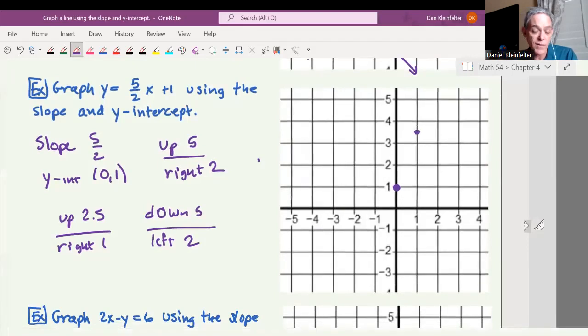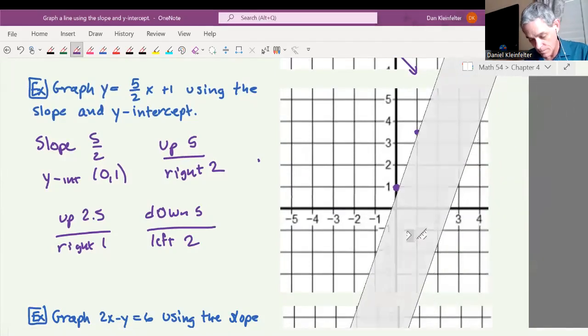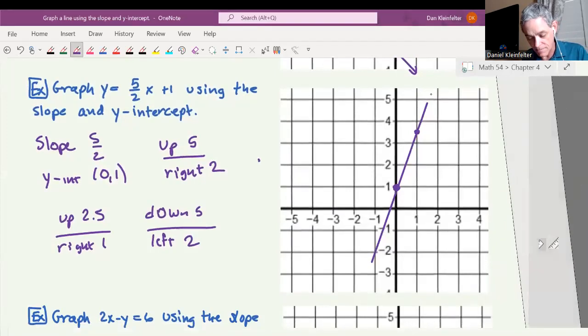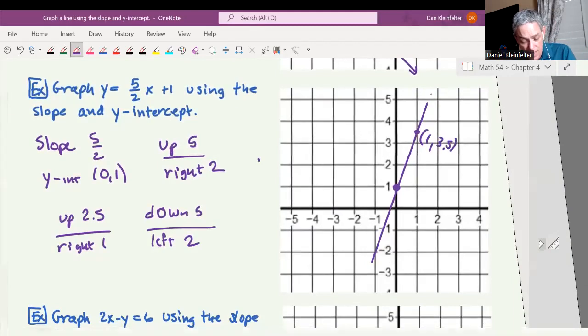So from 1, I've gone to 3.5 in the y direction, and then right by 1. That'll take us to the point (1, 3.5), and we were originally at (0, 1).